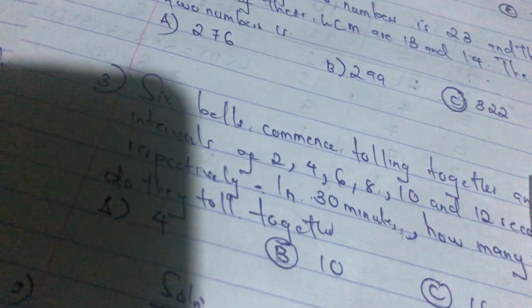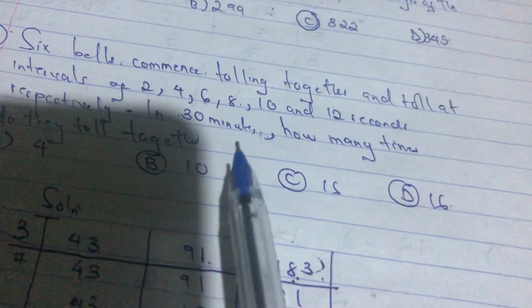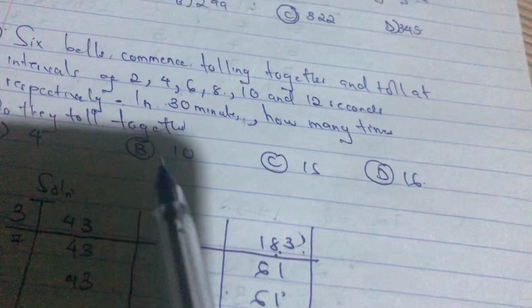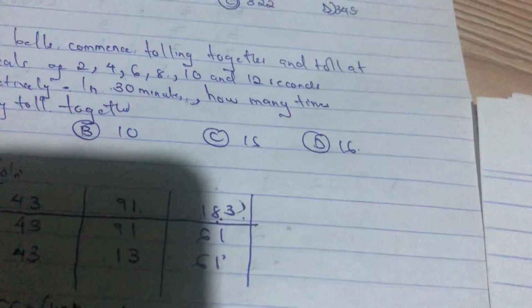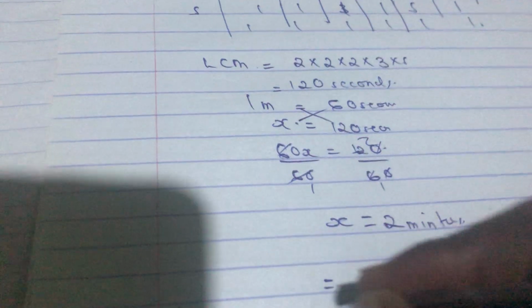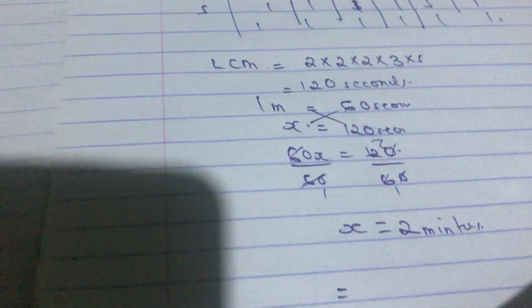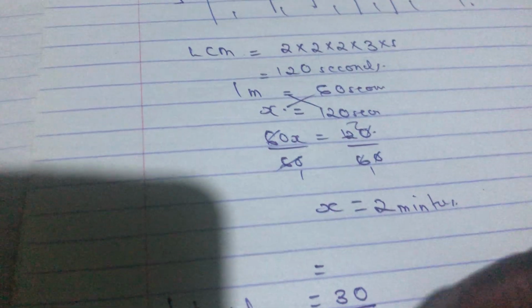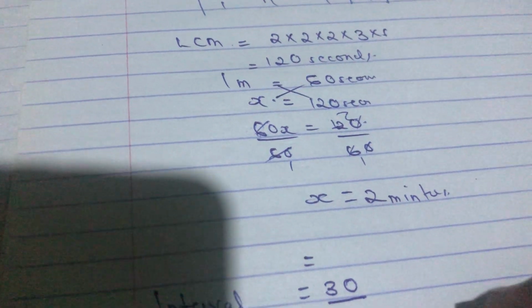The question is asking us, in 30 minutes, how many times do they toll together? So let's find the interval. The interval that they use to toll together will be 30 divided by 2, so it means it will follow an interval of 15. Are we together?